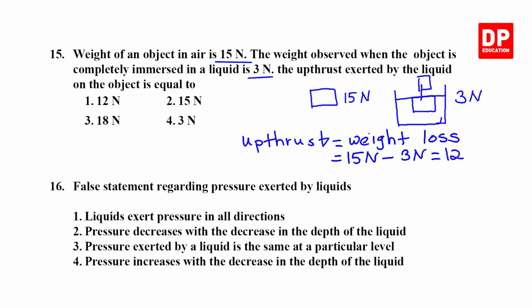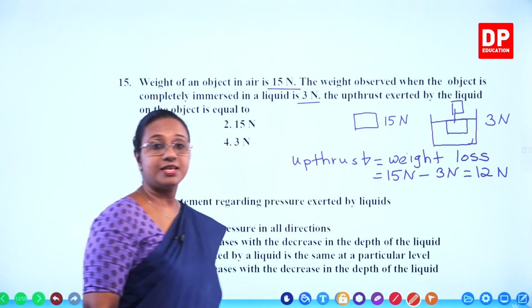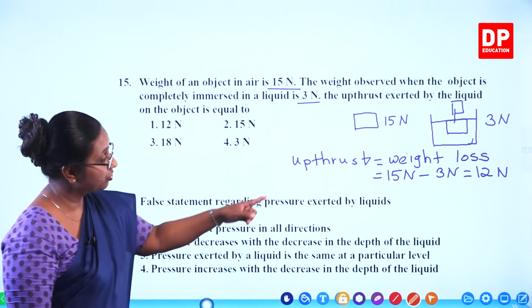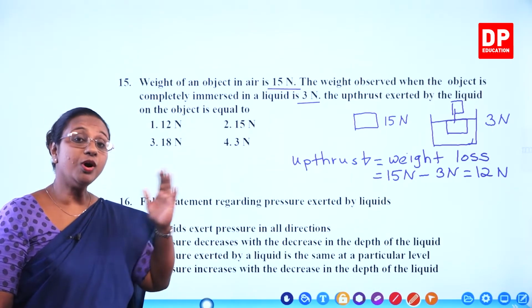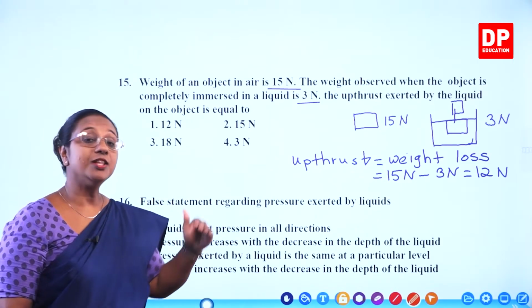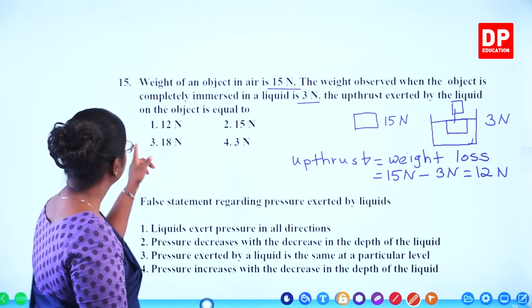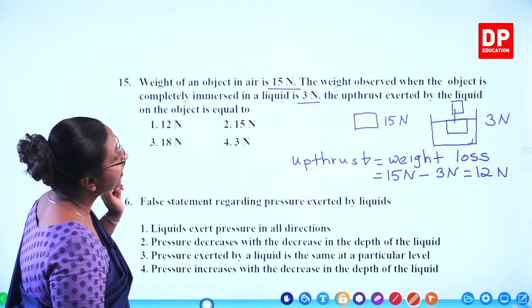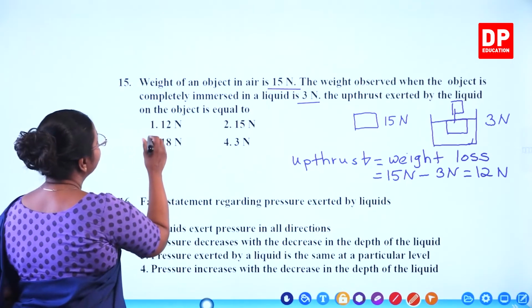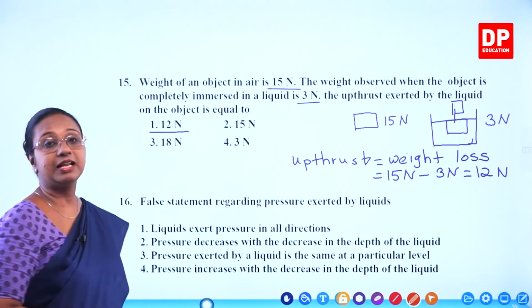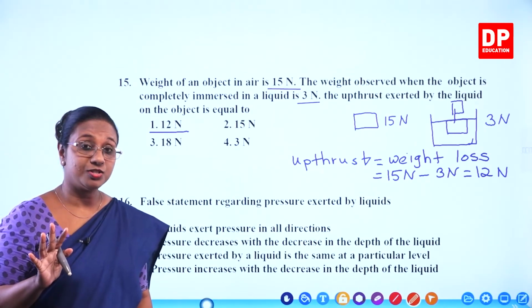That is 12 Newton. So the upthrust exerted here is 12 Newton. So from the calculation also you all can understand. Weight is more, upthrust is less. So then the object will sink. So here the upthrust exerted by the liquid on the object is equal to 12 Newton. That is the correct answer. Is that clear to you all students?